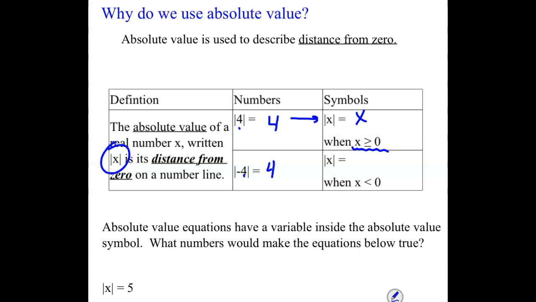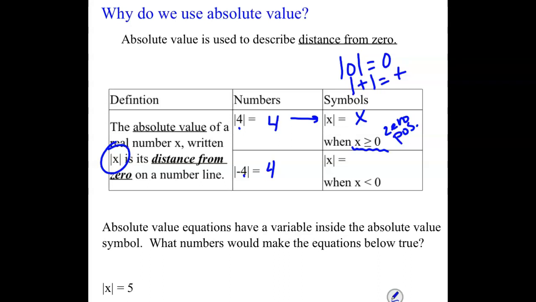So if I put a number like the absolute value of 0, what do I get? Absolute value of 0 is 0. The absolute value of a positive number is the positive number. Yes? So the absolute value of x is just x, as long as we are at 0 or some kind of positive number.